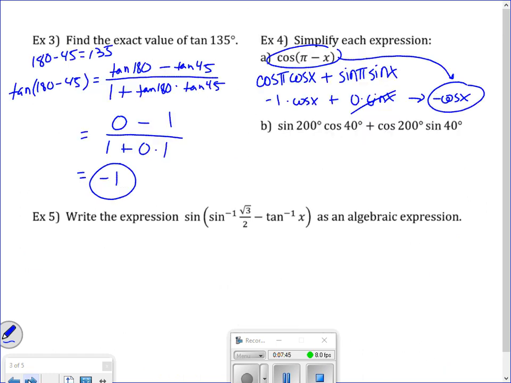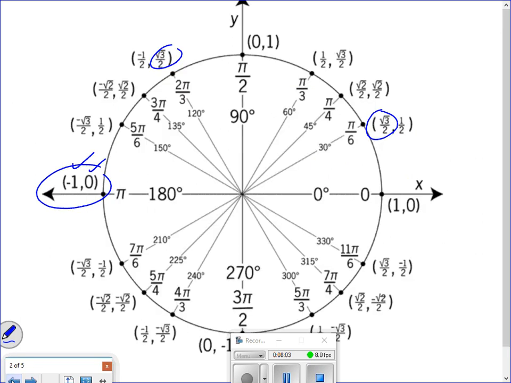And because there is an addition in the middle, this was really just asking for the sine of 200 plus 40. So we're just using the formula backwards. So that means it's the sine of 240, which means, oh, that's something I know. If I go to 240 degrees on my unit circle, there it is right there, and there is my sine, -√3/2.